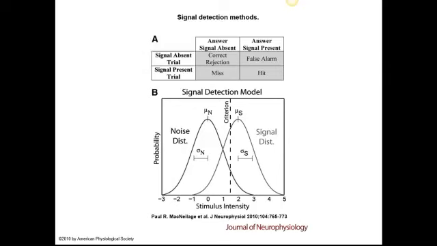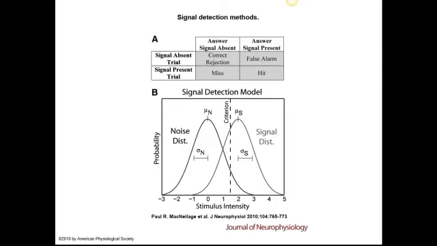Or we have an answer that the signal was present, and that's a false alarm. And then our second row, we have the signal present, and again, we have the answer that the signal was absent, so that's a miss. And then we have the answer that the signal was present, and that's a hit.